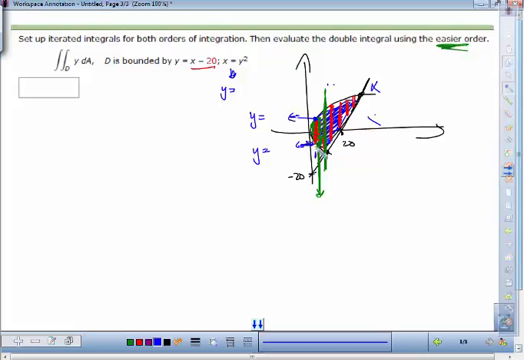And that's exactly the plus and minus that's happening here. So y equals negative square root of x is the bottom limit, and y equals positive square root of x is the top limit. So here, your y goes from negative square root of x to positive square root of x. These are the inequalities that I want you to get used to setting up.